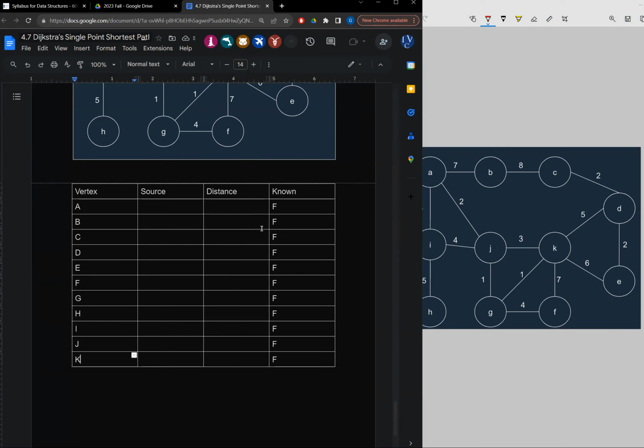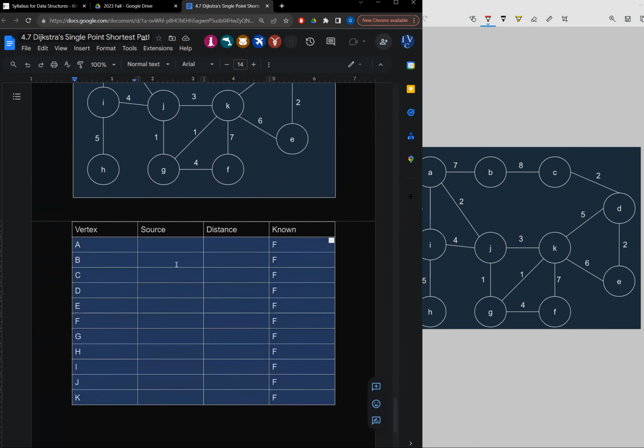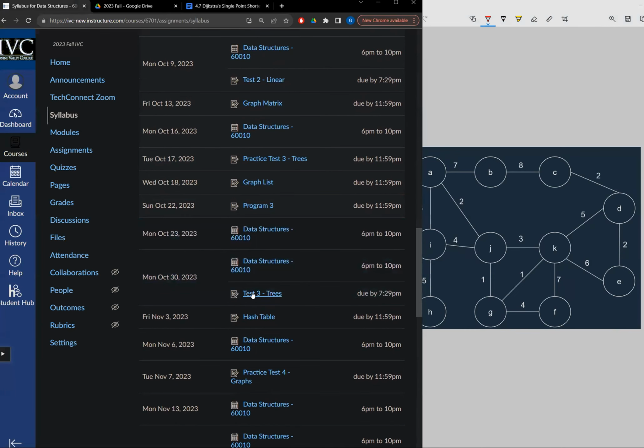All right, so if you're just given the table as a starting point, test three, no, test three should be just trees. Make sure I get my numbers straight. Yeah, just trees. So graphs are a larger topic area than trees. All right, test four, that's in a couple of weeks. Rather, 3 weeks.